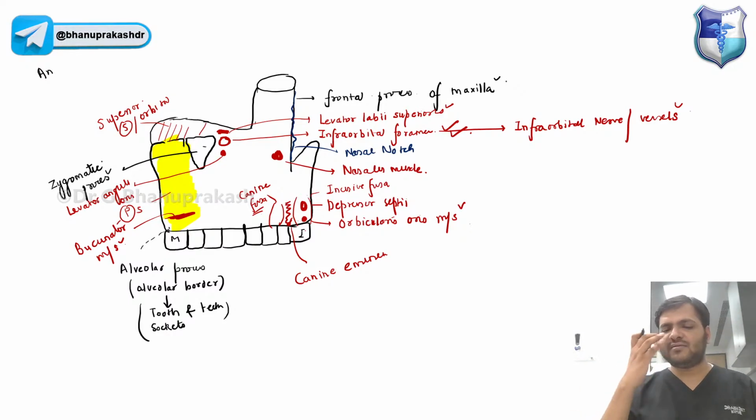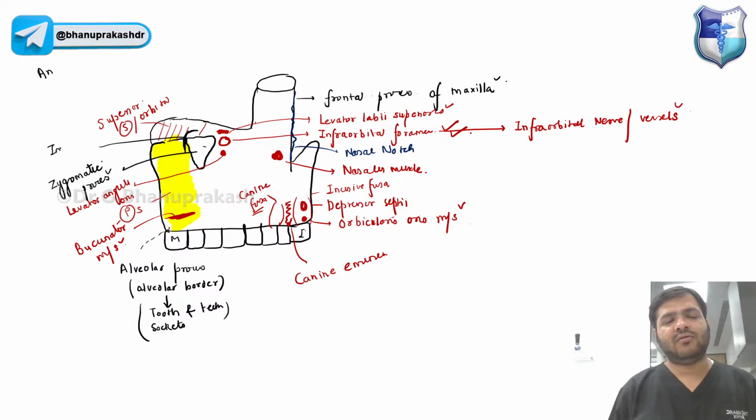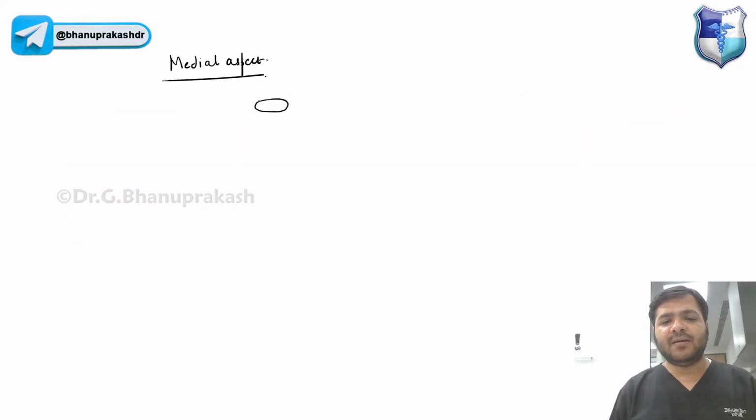We have a depression, the infraorbital groove, passing through like this. So we have this infraorbital groove also, which carries the infraorbital canal, and this canal carries the infraorbital nerve and vessels. So that is the infraorbital groove you can also mention. The middle part is again very easy.